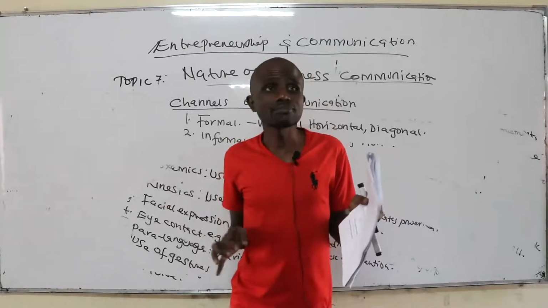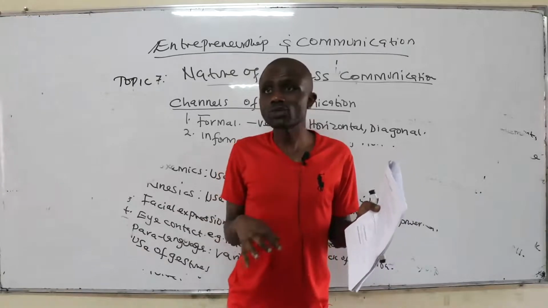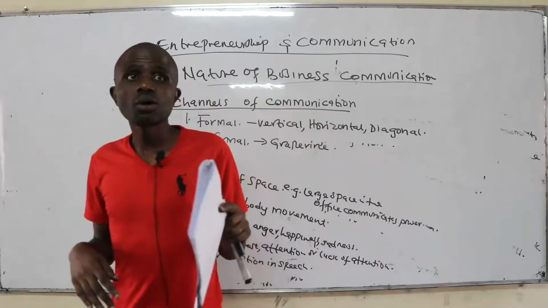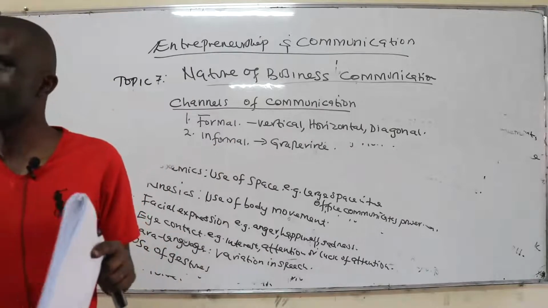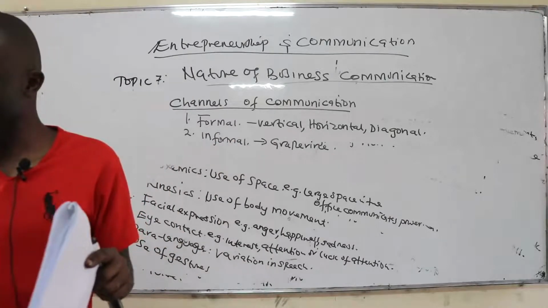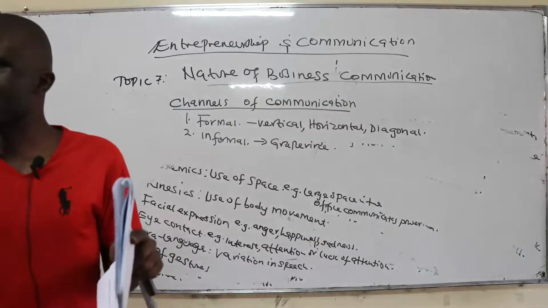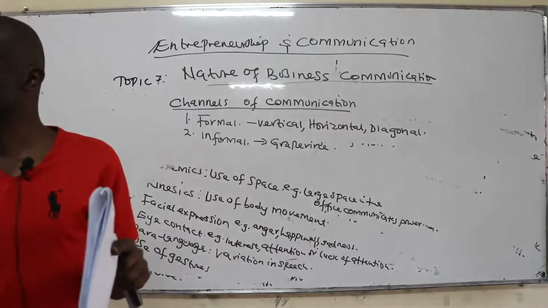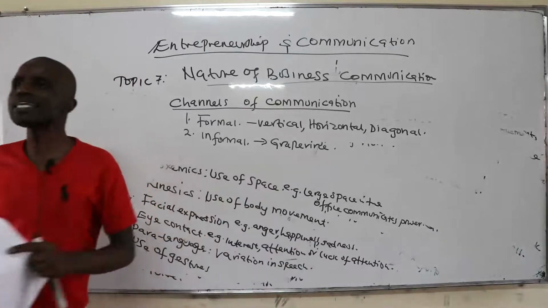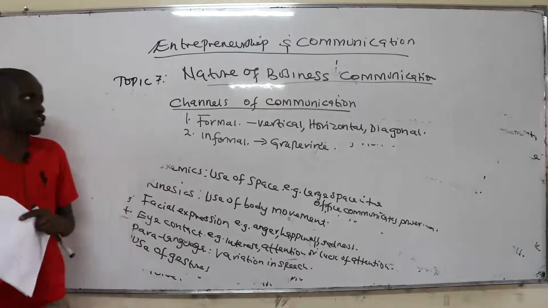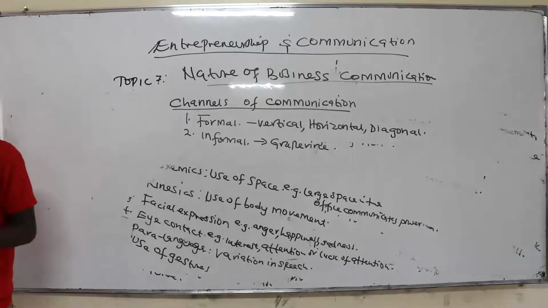Do you know her husband works at where? Hey, she's the one whose husband bought her that car. You are talking about other people in organizations. Does it happen in organizations? It happens a lot. Is that clear? And that's what you're going to refer to as the grapevine communication, also called informal communication.